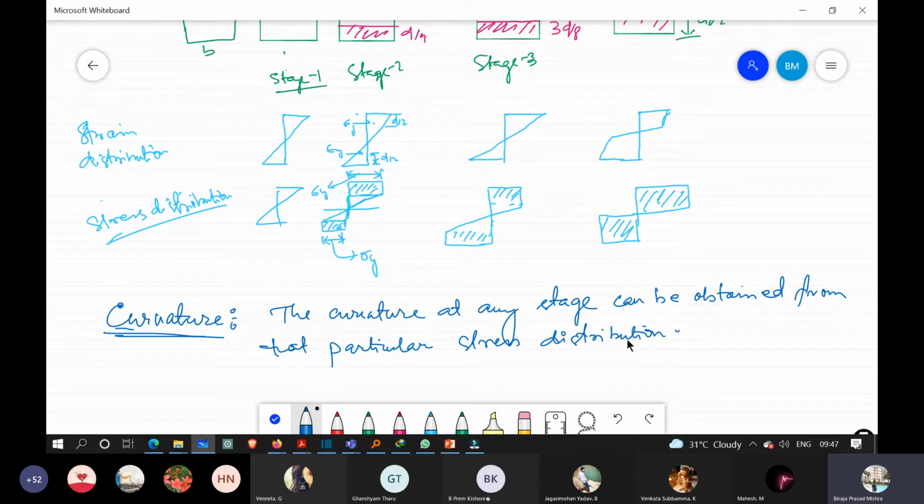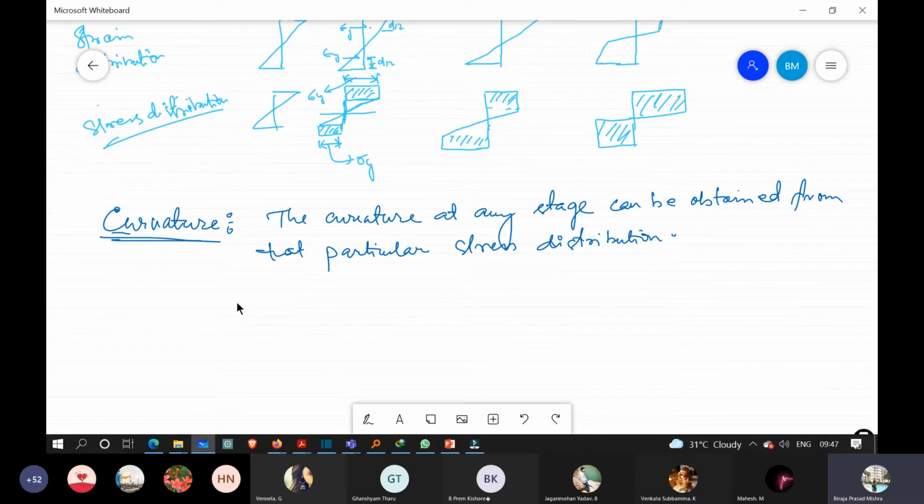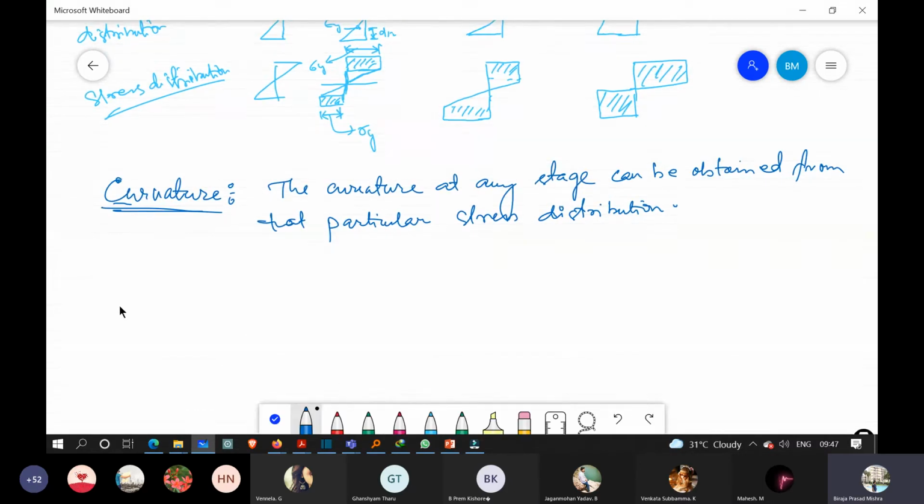Now for stage 2, that is called the elastoplastic range.